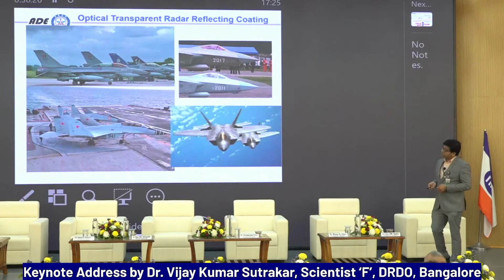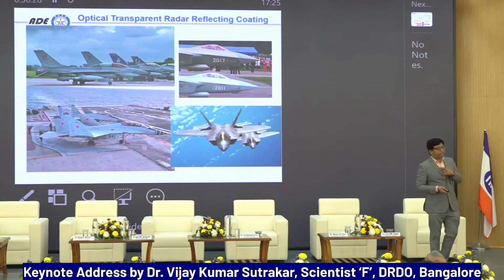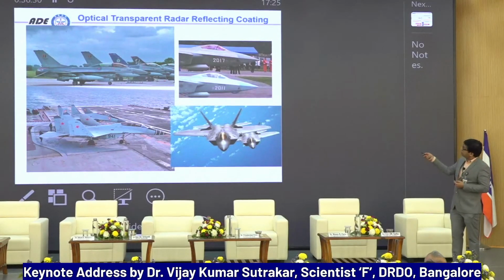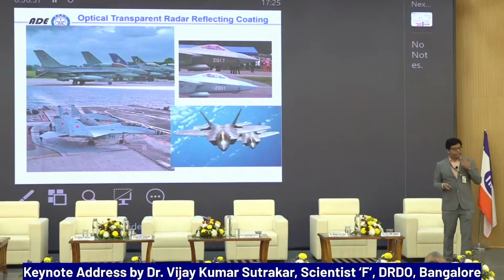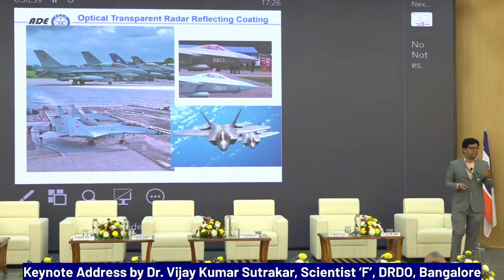There are a few things, this is also one area where a lot of activity is actually required. Basically, if you see those colorful glasses, what it does is called optically transparent. My eyes can still see, but for the radar it is a metal. Those colors are like a reflecting coating. So we are designing the canopies and the windscreen, shaping them such that it is a metal, so that the energy is diverted somewhere.